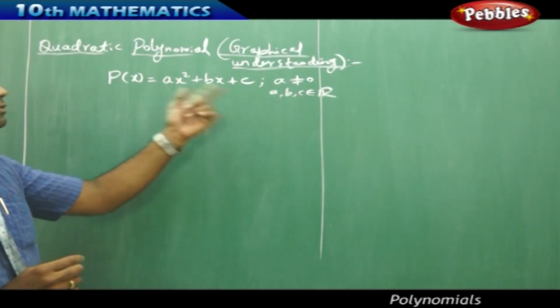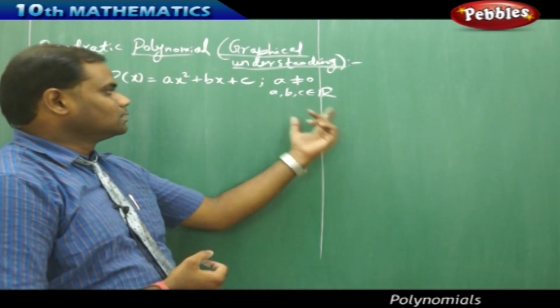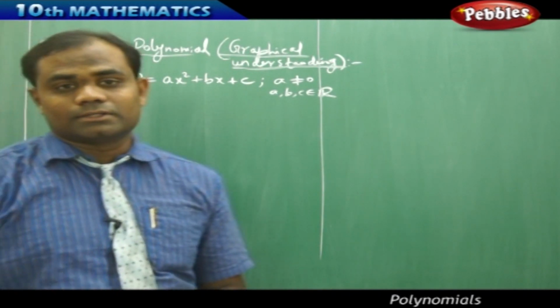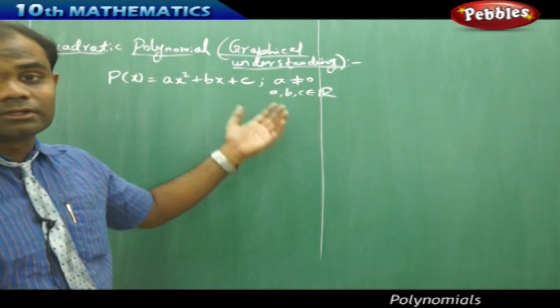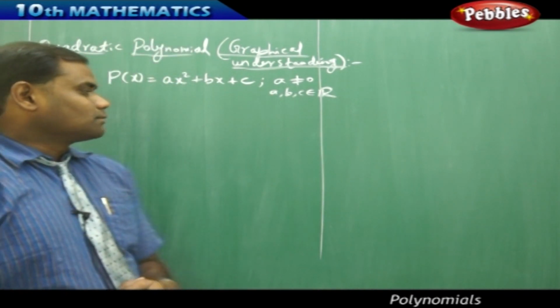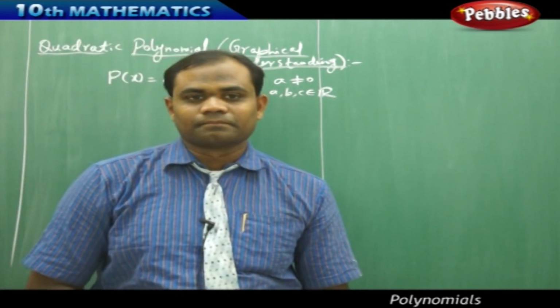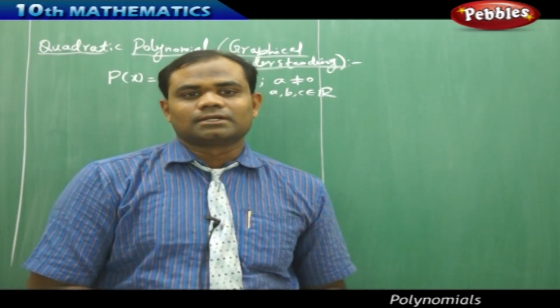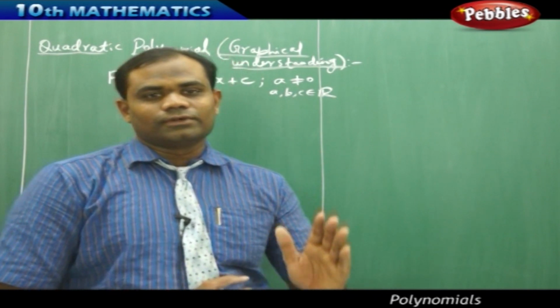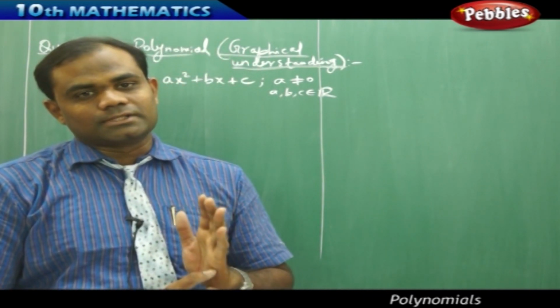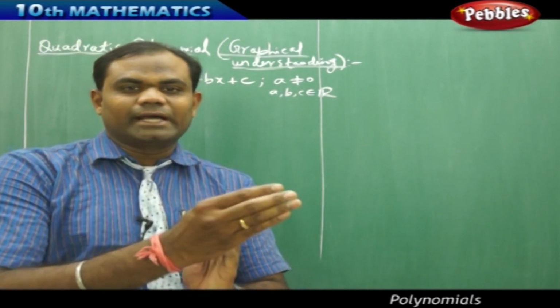This is how we start the graphical understanding, with the general form. Before we start, as in the previous session, we have discussed that an x-intercept is the intersection of the polynomial with the x-axis, and a y-intercept is the intersection of the polynomial with the y-axis.